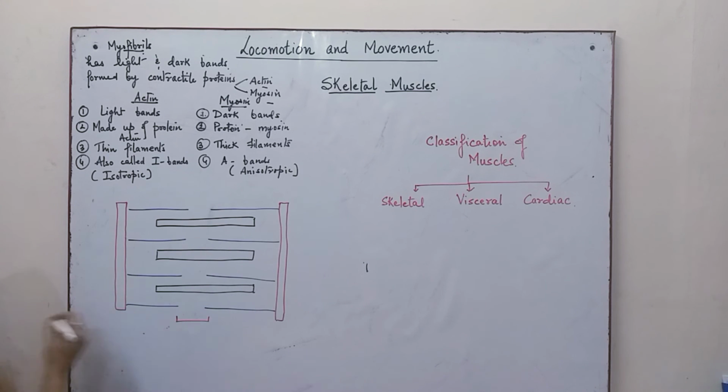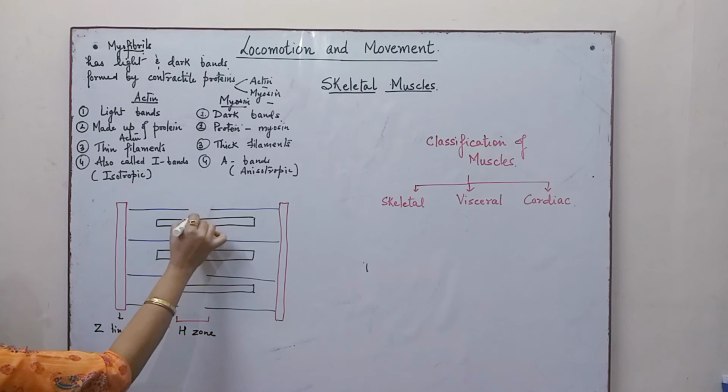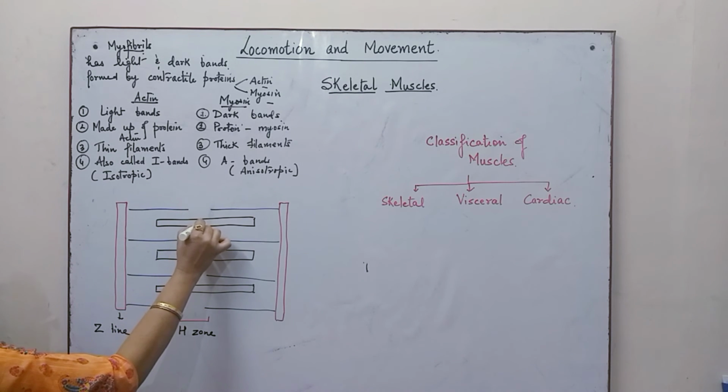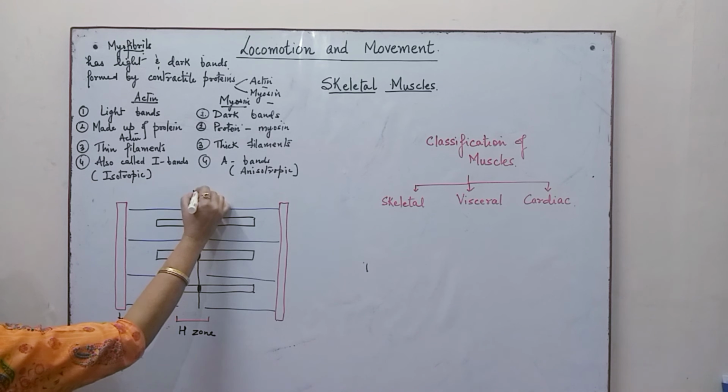This is the H zone. This is Z line. Then the thick fibers have M line.